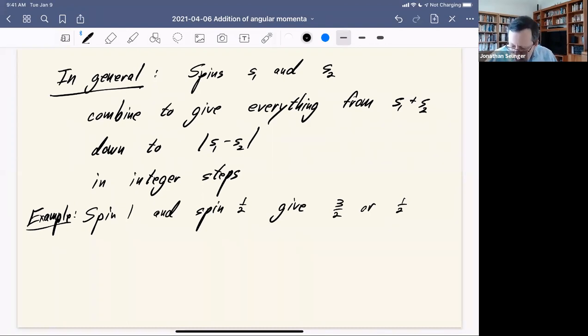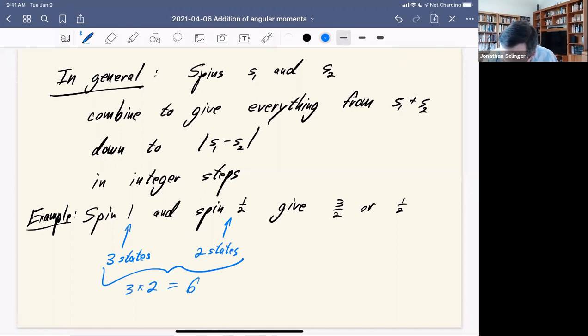Okay? And if you count the states, spin 1 is 3 states, spin 1/2 is 2 states. So if you combine them, that's 3 times 2 equals 6 states. Okay?